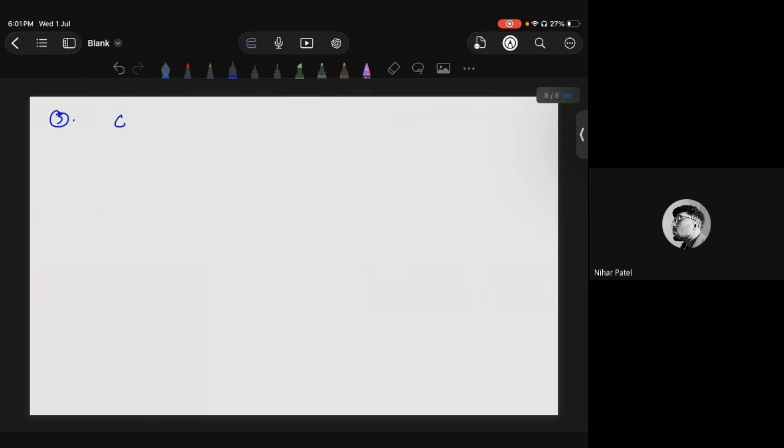Let us say g of s is s plus a divided by s plus a whole square plus b square. Now tell me what are the poles, what are the zeros here?